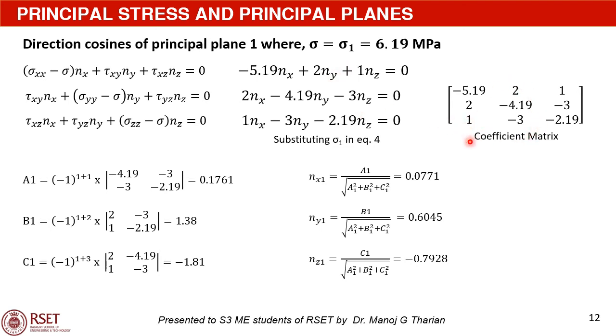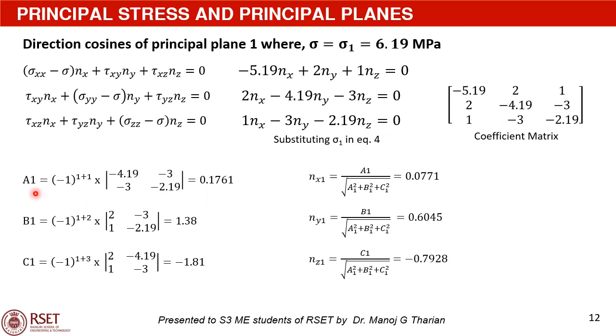Now, in order to solve for nx, ny, nz, since nx squared plus ny squared plus nz squared equals 1, we can make use of the cofactors in order to solve for nx1, ny1 and nz1. We will calculate the constants a1, b1, c1 for this given coefficient matrix.